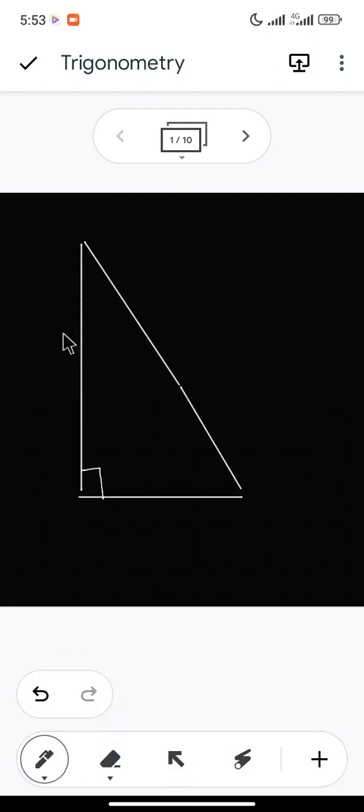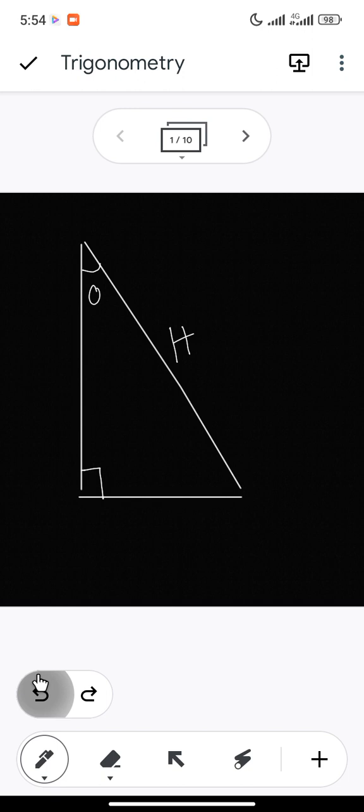Now the longest side, the side that is slanted, is the hypotenuse. The placement of the opposite and the adjacent largely depends on the reference angle. So let's assume the reference angle is here. The side the reference angle is facing is called the opposite. Then the side where the reference angle as well as the 90 degrees are resting on is the adjacent.